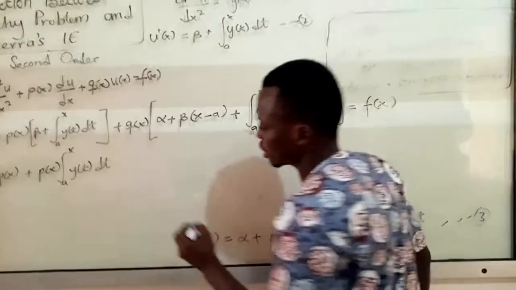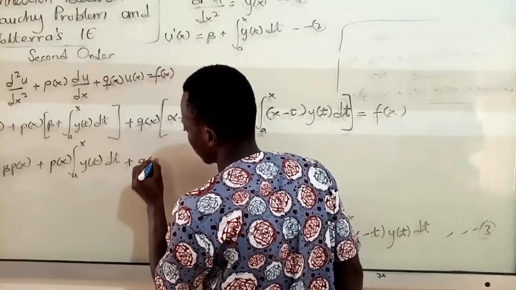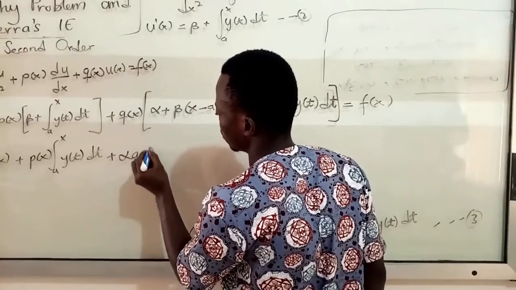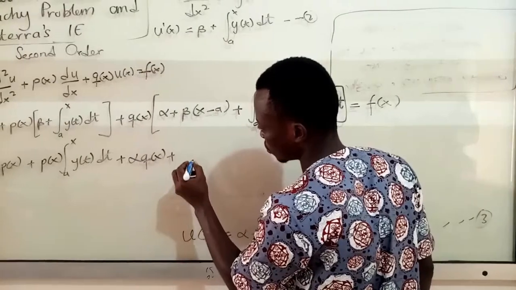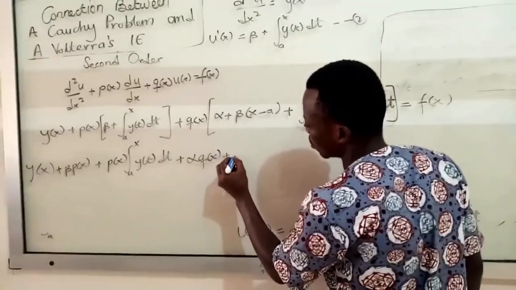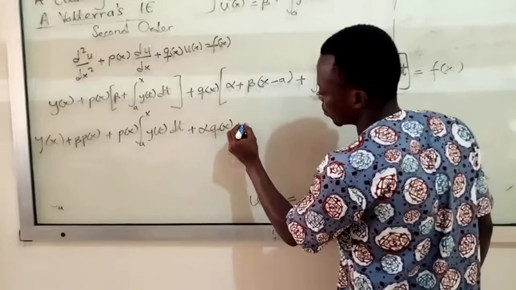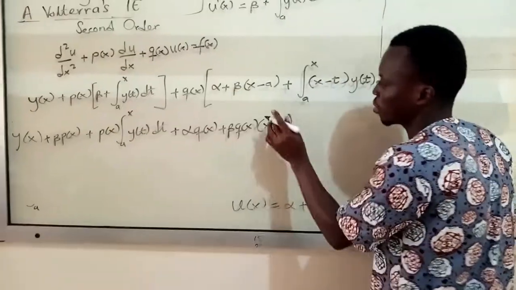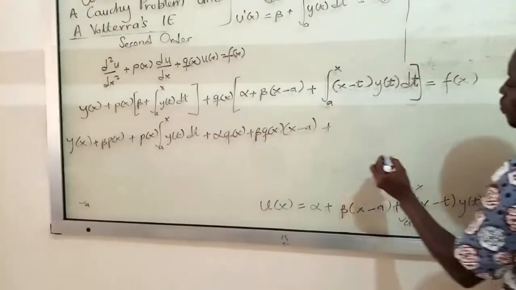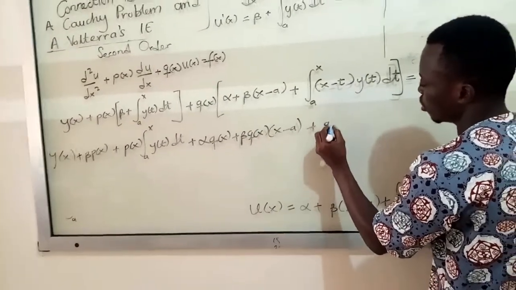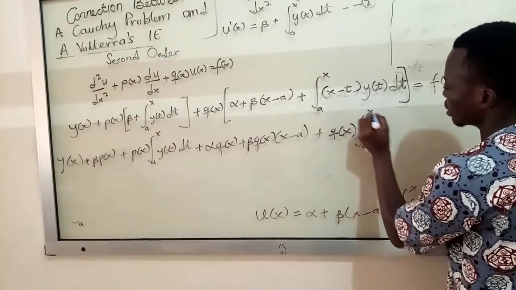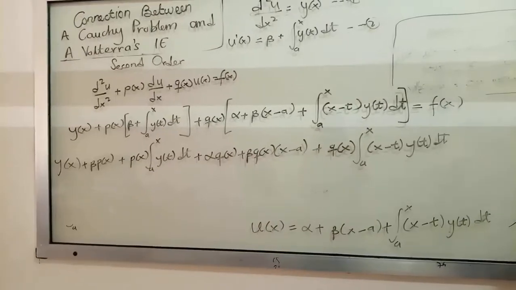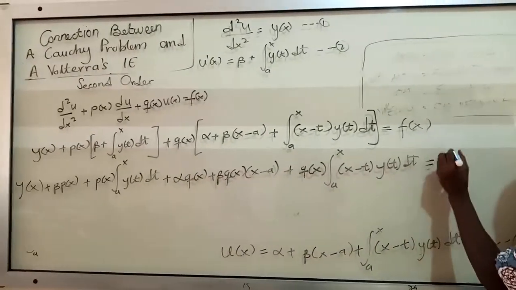This time this, so plus k of s, plus alpha k of s, plus beta k of s, this time this, s minus a, plus k of s and this, k of s times the integral from a to s of s minus t, y of t dt, to be equal to my f of s.